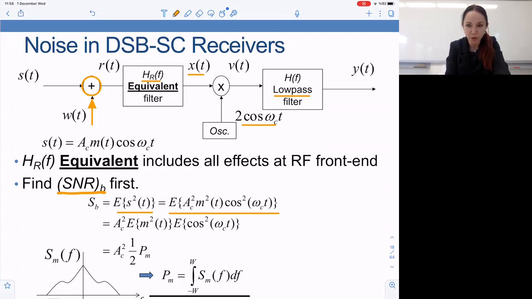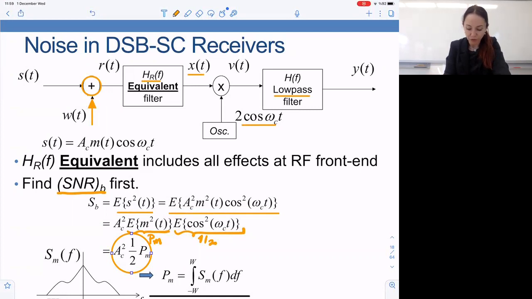And if you square it and take the expectation, you will find, well, if this is P_M, and this is clearly a half, we have this as the message power.